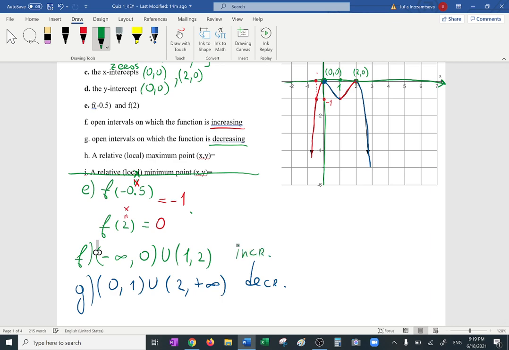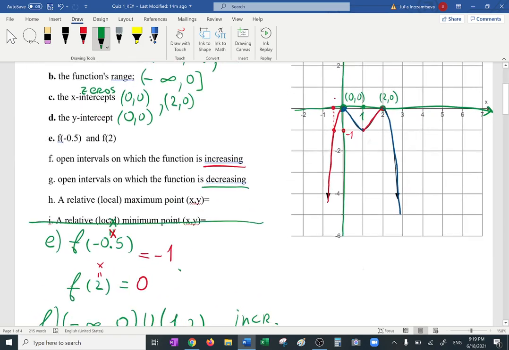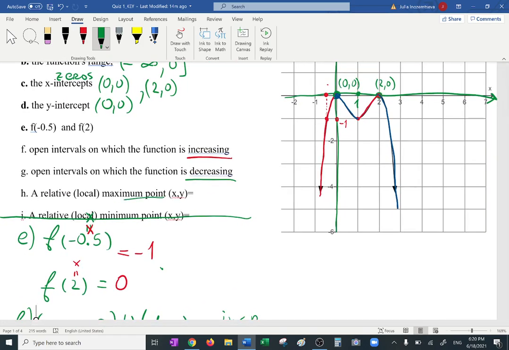The last two questions are asking for maximum and minimum points. Local or relative maxima are where those hills are, the tops of the mountains. So we have (0, 0) and (2, 0). By coincidence, they're also x-intercept points.